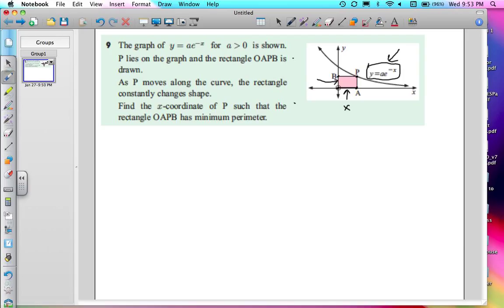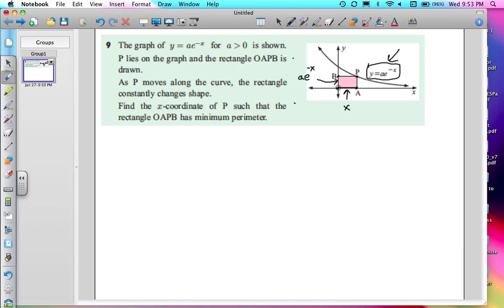So the side length is just going to be a times e to the negative x. And it says a has to be greater than 0.